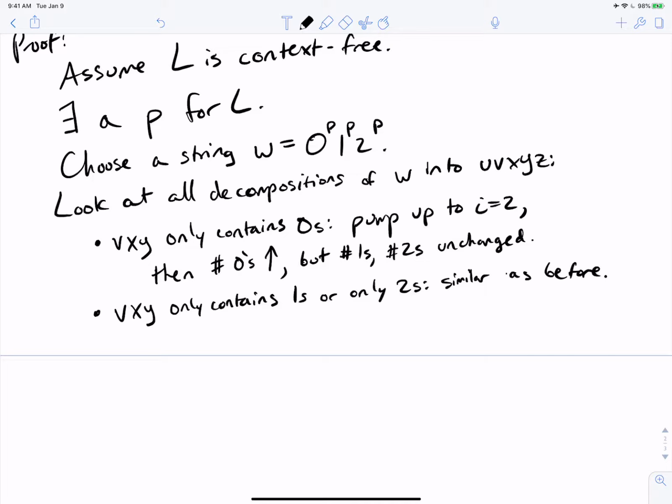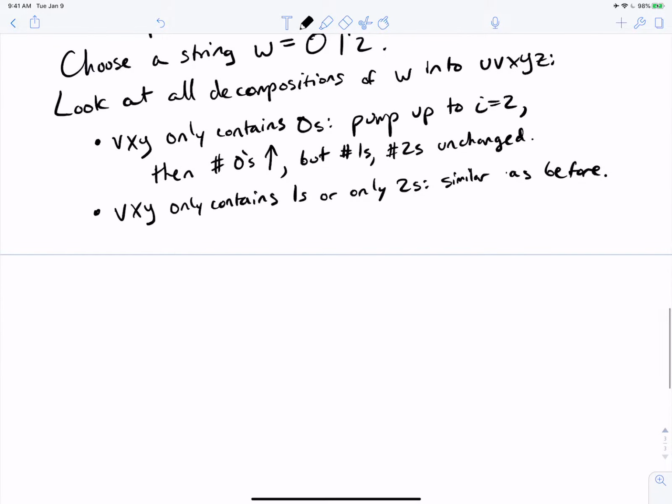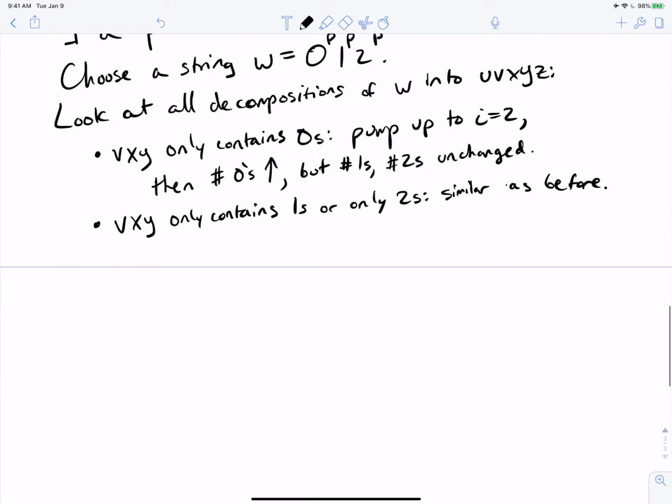No. What are some cases we didn't touch? V is in 0, X is in 1, Y is in 2. Could that happen? We'll return to that, but yeah. So let's look at a similar case. So what I think you were saying is the VXY middle piece contains a 0 and a 1.